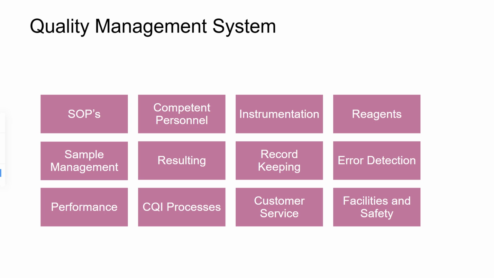So all of those sample considerations need to be taken into effect. Resulting. So even though an instrument produces a result, it doesn't mean that a tech can go ahead and report the result. We have to ensure that result reporting is accurate, and we have to do that by verifying quality control in our quality assurance system.